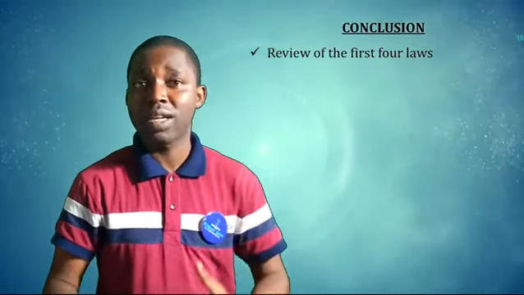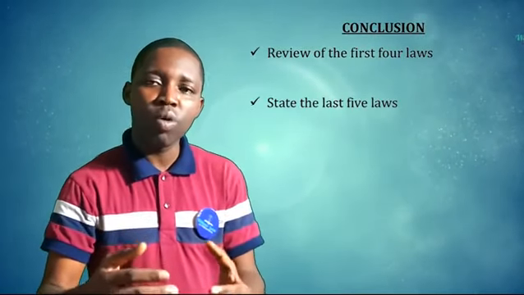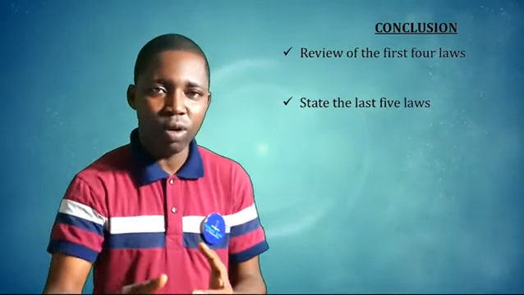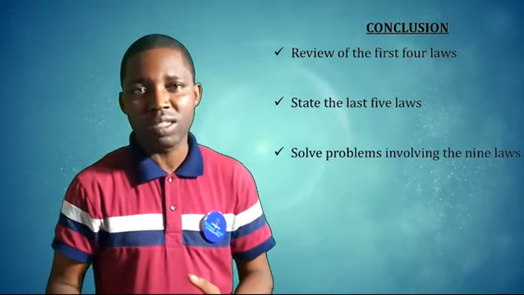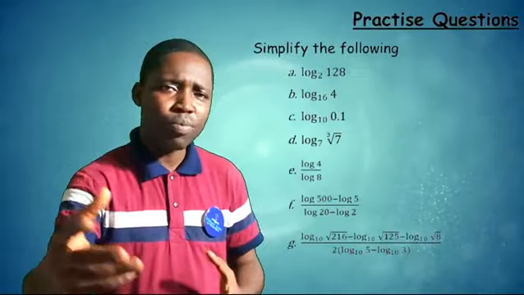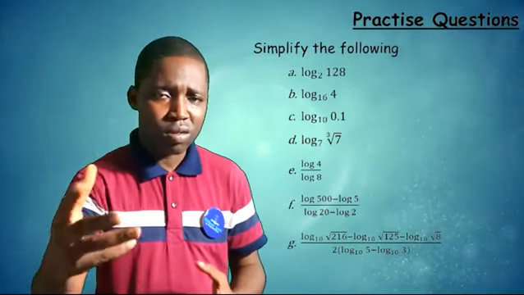So far so good. We've been able to review the first 4 laws of logarithm, which is based on our previous lesson. We've also worked on the new 5 laws after the 4, and we've solved problems involving all these 9 laws. I have some practice questions for you on this logarithm.